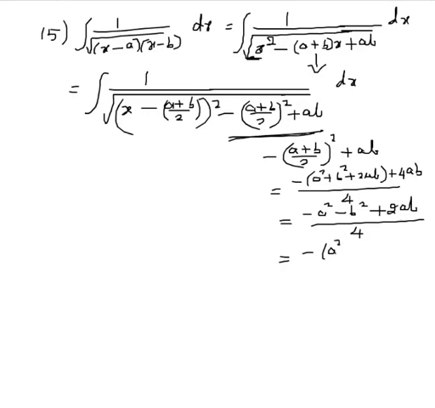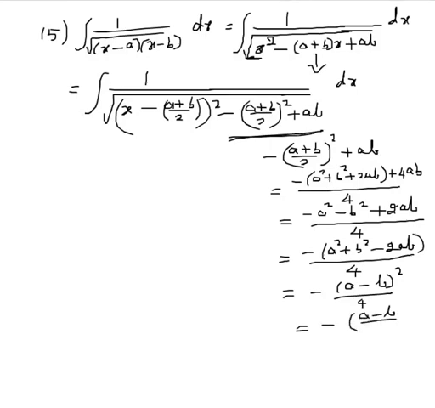Let us take minus sign out. A square plus b square minus 2ab divided by 4, which is minus of a minus b the whole square by 4, minus of a minus b by 2 the whole square.